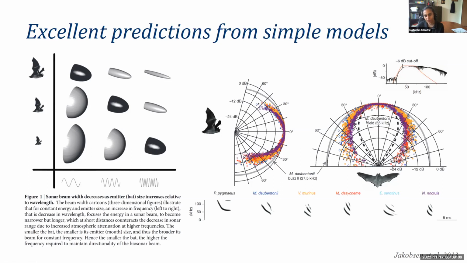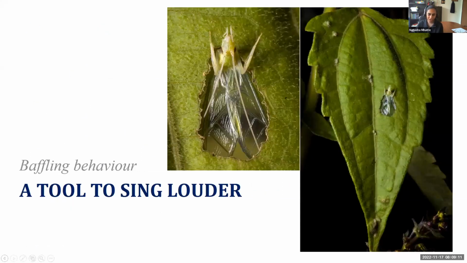The problem becomes when you want to actually ask questions about some of the things that don't quite meet the assumptions that the spherical cow forces you to take. So for instance, I want to know how much sound the wing of this cricket will produce when it's on its own and when it's in a baffle.